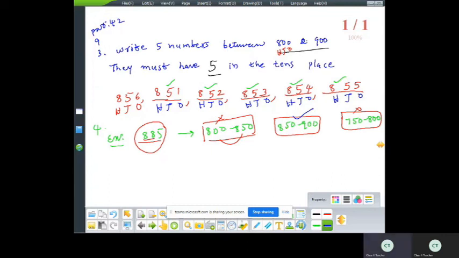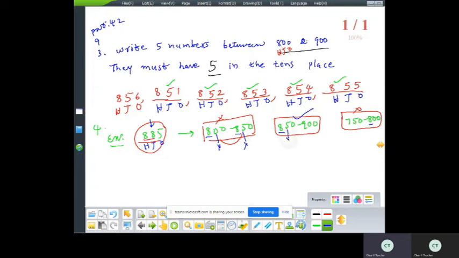See, one more method: 1, 10, 100. The digit in the hundreds place is 8. Here, there, here also there. Next, the digit in the tens place, 8. There is no 8.